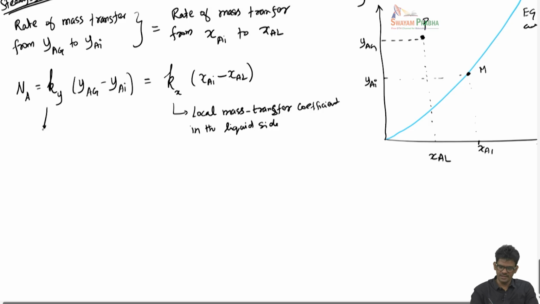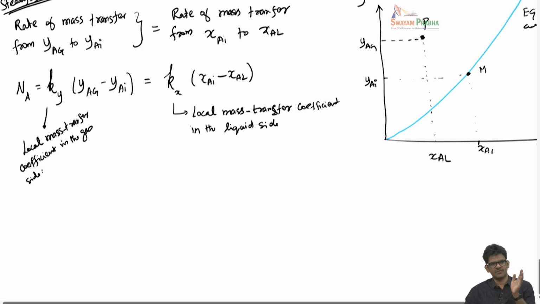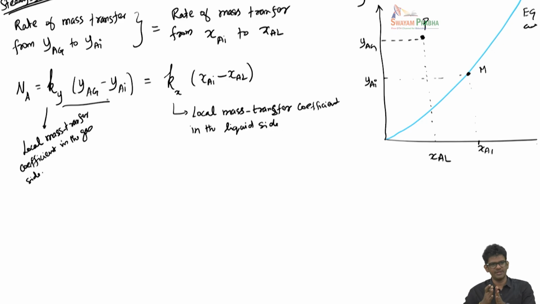This Ky here is the local mass transfer coefficient in the gas phase. So at steady state, whatever mass that is getting transported from the bulk of the gas to the interface must be swept away by the other side, which is the liquid side, from the interface to the bulk of the liquid. So that's what this equation means.